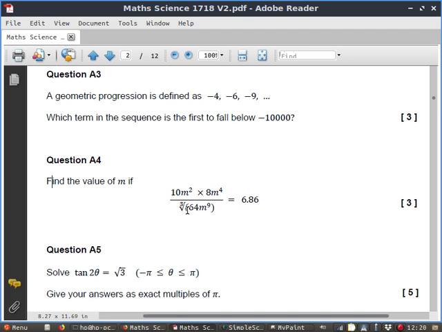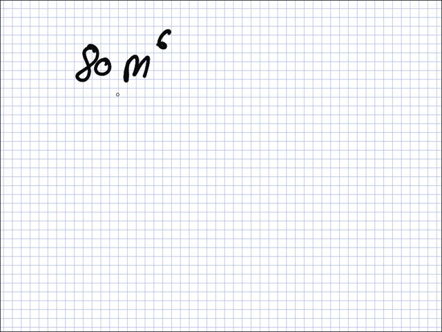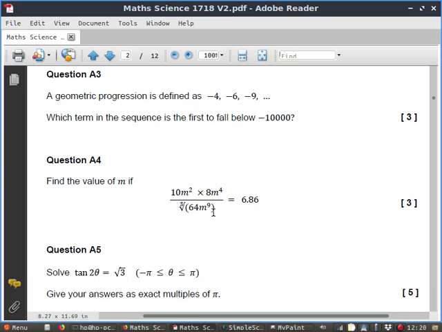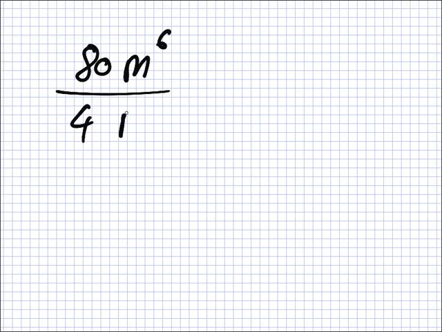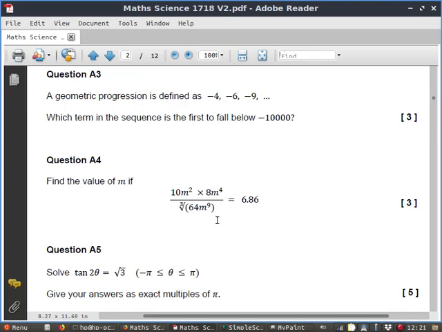And then cube root of 64 is 4. And cube root of m^9 is 3. No, squared. Yeah, sorry, it's 3. Cubed. 9 over 3. 3. Okay.